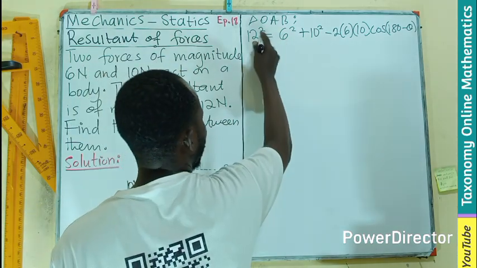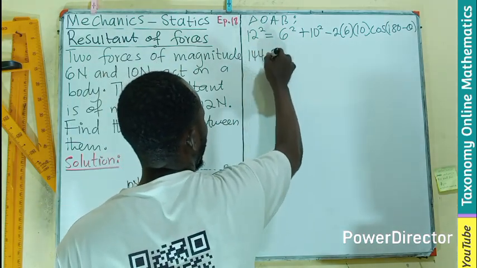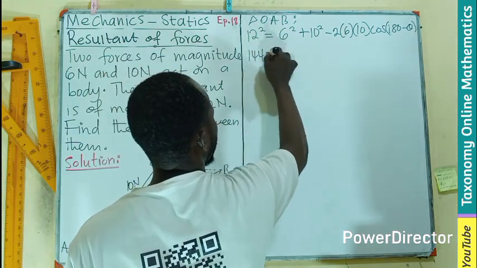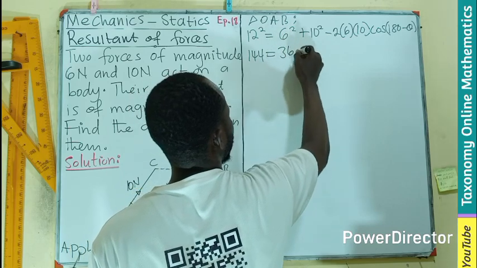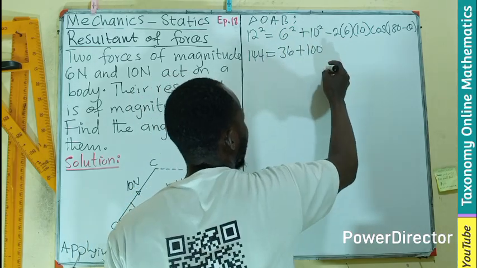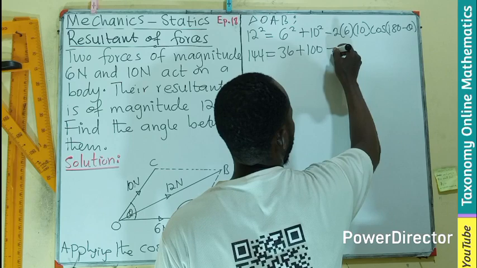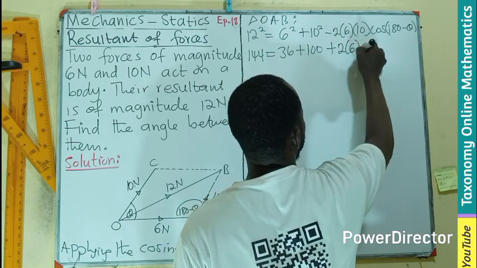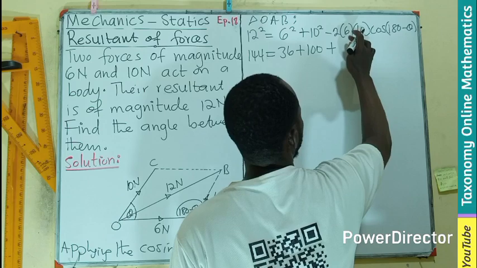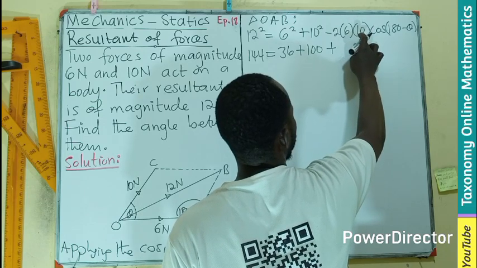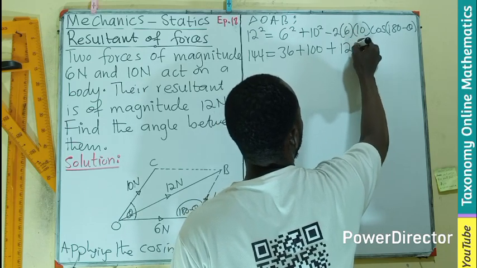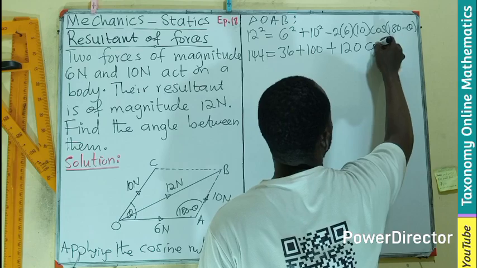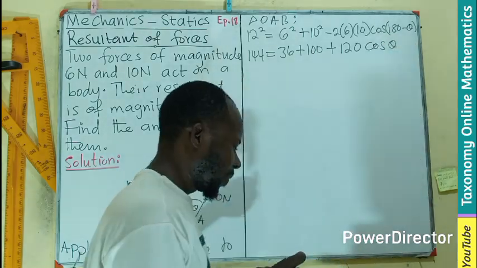So we can rewrite this as 144 equals 36 plus 100 plus, okay, let me just say 2 times this is 20, times this 120, then cos theta.